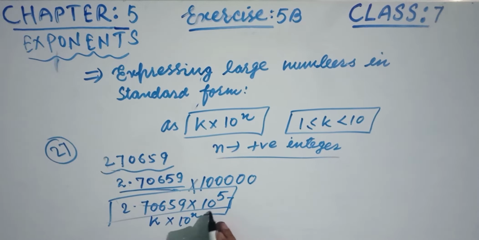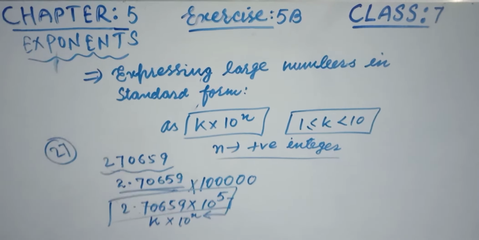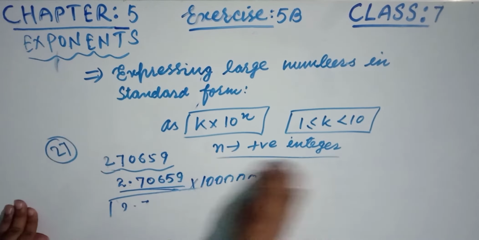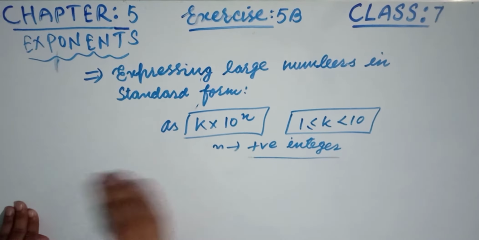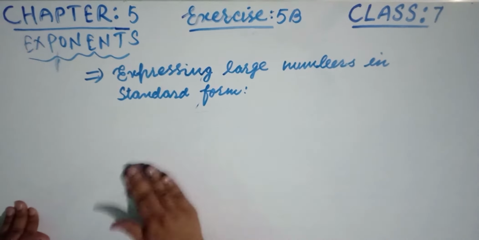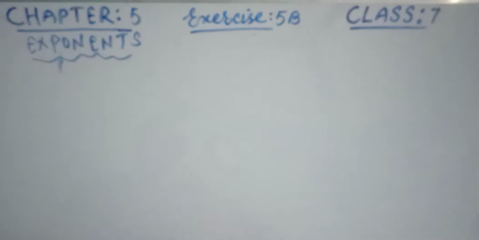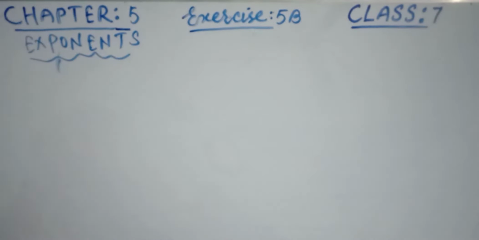So here 5 is n and k is 2.70659. We will get more understanding, friends, when we solve the sums. So see, friends, now we will see the example questions from the exercise, then we will understand much more.